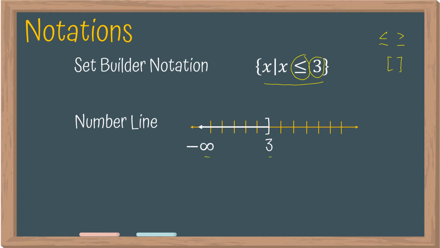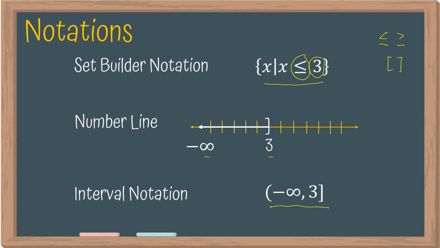We have the negative infinity and then positive 3, and then follow the grouping symbol that we use. So, ulitin natin, kapag ka-infinite symbol ang ginagamit natin, dito, it goes with a parenthesis. Okay? So, our interval notation for this one will be this. So, we have negative infinity and then positive 3. Okay?